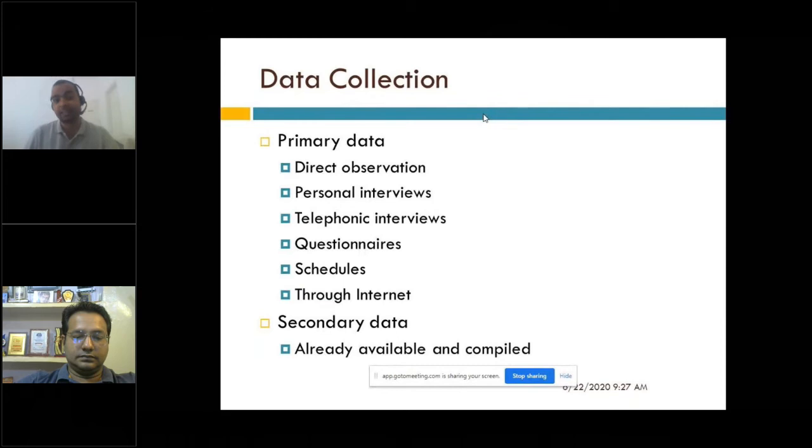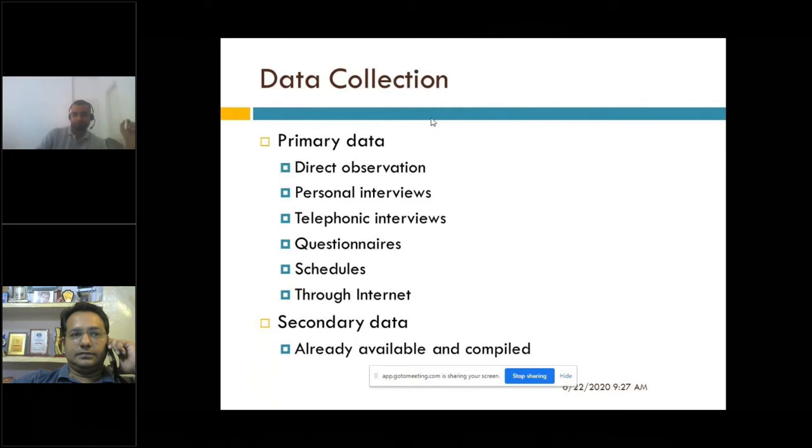Nowadays we have software for analyzing direct observation and interviews also, but it is still very difficult to analyze qualitative data. With questionnaires and schedules, we have quantitative data which can be easily analyzed.